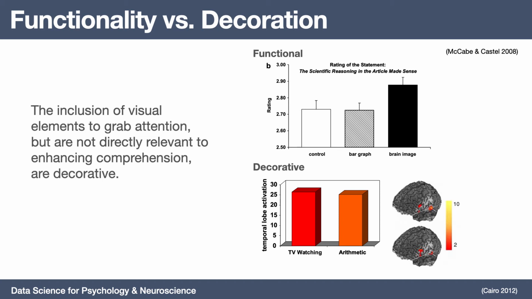This is more decorative. The brain images on the right have no real association with the bar graphs on the left. They're, in this case, just presented there as a decorative feature. And people rate the results as being more reliable if that brain image is present. In fact, that's what the graph on the top is showing you. This is from a paper by McCabe and Castle that showed that there's this implicit bias that people have from just seeing brain images.